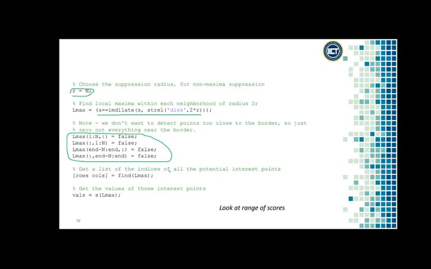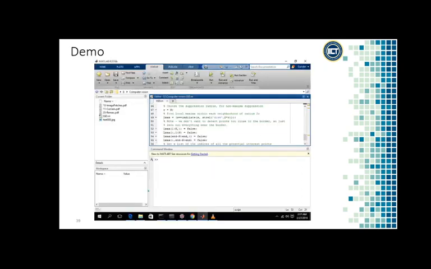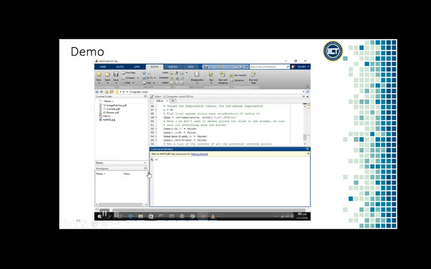Then we get a list of the indices of the potential interest points where the response is the maximum, and then we get the values of those maximum responses. Let's see what happens here.